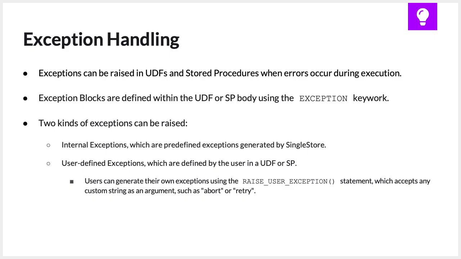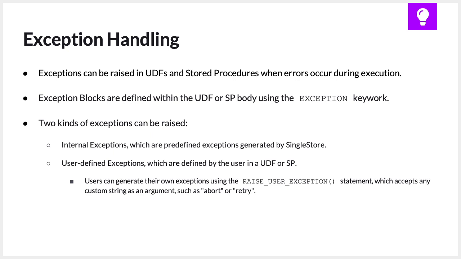Exception handling. So exceptions are basically additional backup instructions that specify what to do in cases of errors during execution. There are two types of exceptions that can be raised: internal and user-defined exceptions. Internal exceptions are predefined errors from SingleStore that might be raised, like syntax errors, connection errors, or insertion errors, like perhaps a duplicate key error.